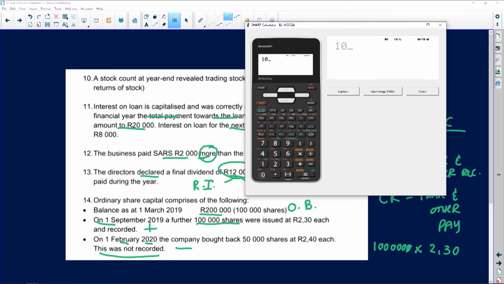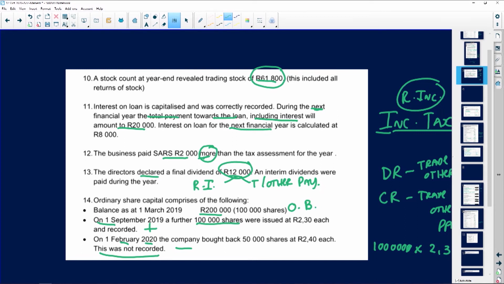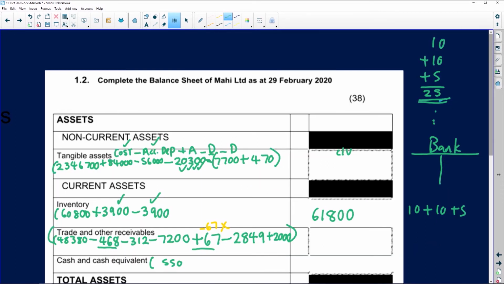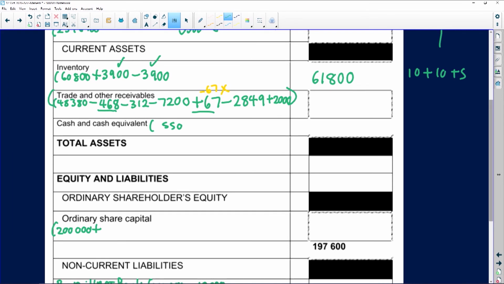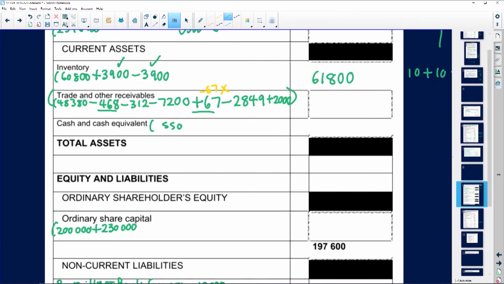So 100,000 times R2.30, and my ordinary share capital is going to increase by 230,000. So let's fill that in. Okay, so another easy mark for me to get. So ordinary share capital increases by 230,000. Okay, right, now at this point in time, it is always beneficial. So let's just quickly go back to the adjustment.